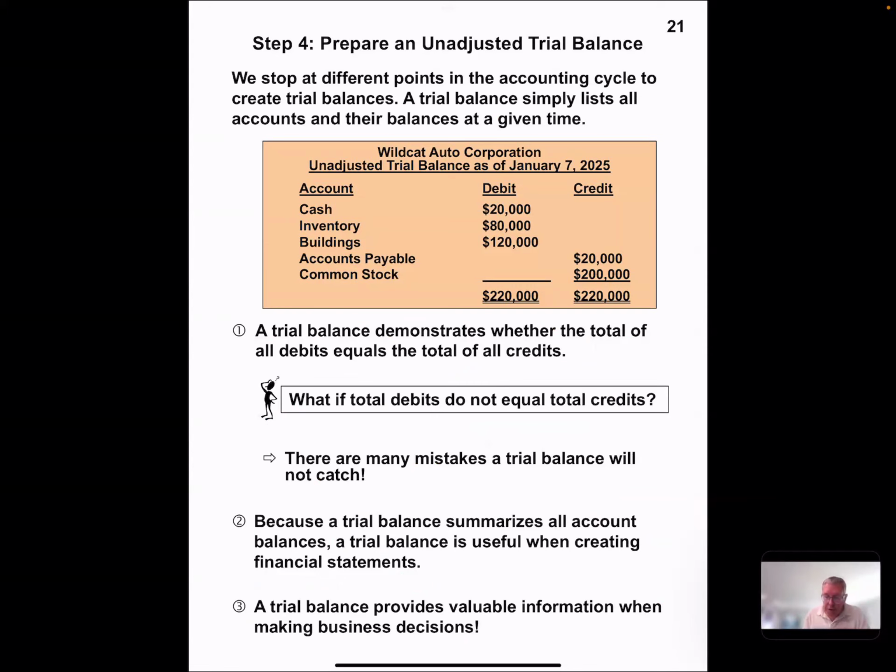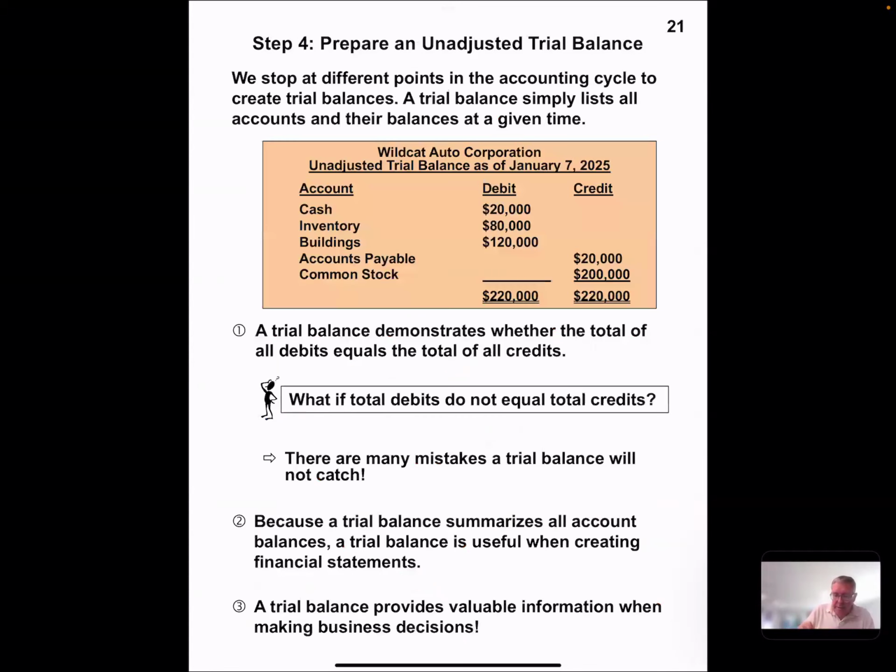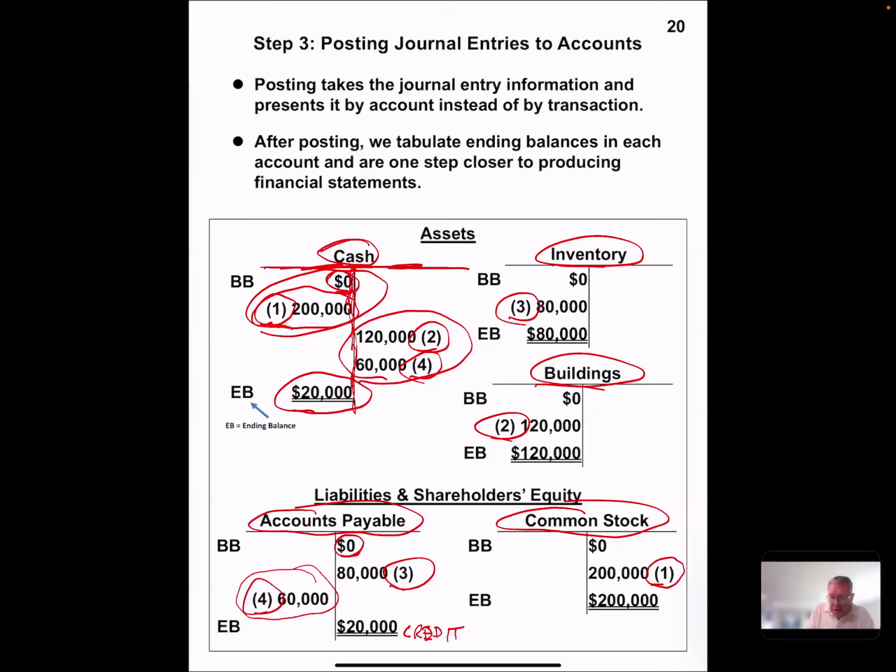So all we do with the trial balance is we take all of our accounts, and we normally list all your assets, your liabilities, and then your equity accounts. So we list them all. That's what we're doing here. List all the accounts. And then from these T accounts, take what their ending balances are. So cash is an ending debit balance of 20,000.